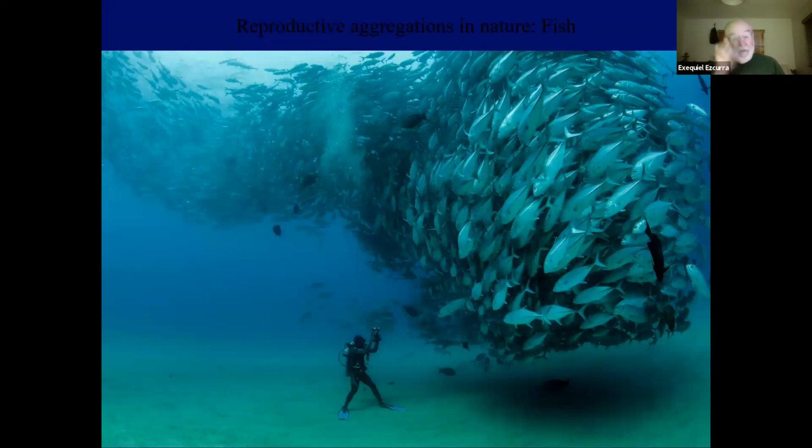So fish actually congregate at sometimes of the year, during some seasons, in order to have their own type of courtship, select a mate, and reproduce. Fish are not the only ones.